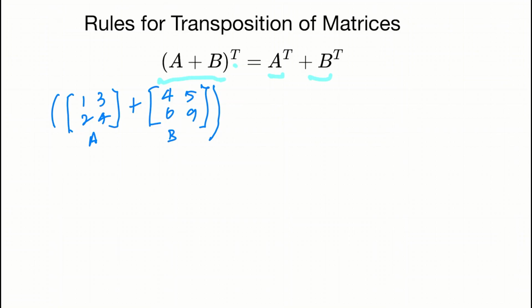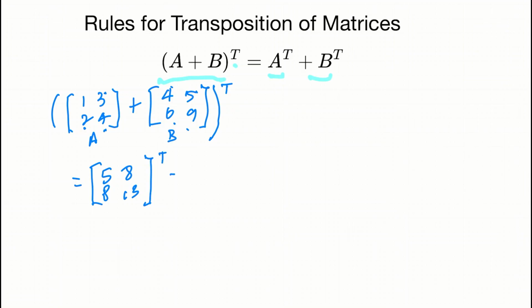Now, adding these together, we're just going to do A plus B first. The first elements together, 1 plus 4, that's 5. 3 plus 5 is 8. 2 plus 6 is 8. 4 plus 9 is 13. So now that is the matrices added together.